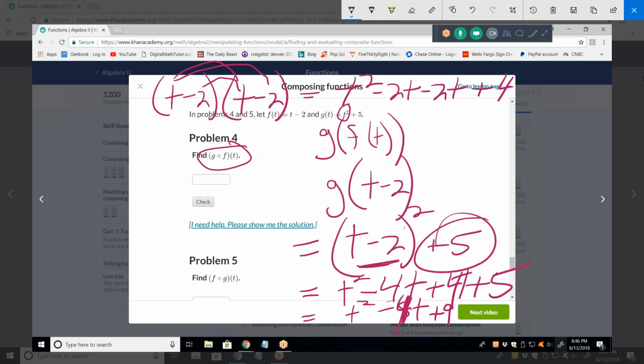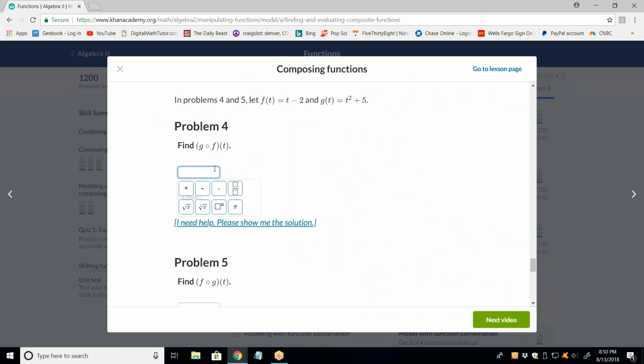So let's see, we ended up with t squared minus 4t plus 9, right? T squared minus 4t plus 9.